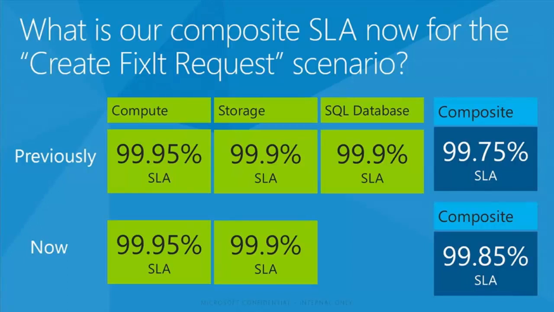Now you might say, hey, 99.85 is still 12 minutes a month of downtime, and that seems like too much. How can we make it more reliable? Well, here's the cool thing. Storage accounts can be scattered across all Azure regions. So what I could do to actually make this 99.95 is I simply have two storage accounts.